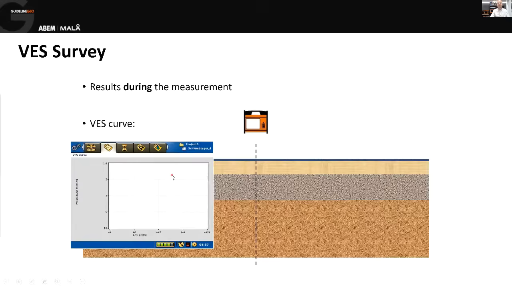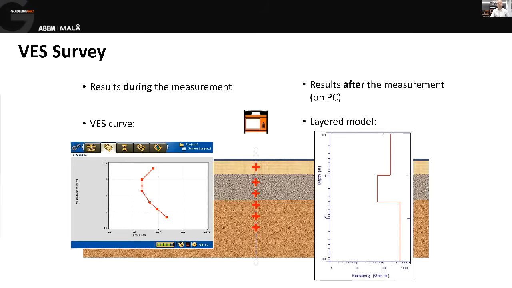What I see on the instrument for that is what we call a sounding curve. So you have apparent resistivity from left to right, and we have depth increasing down the left-hand side. So that's our raw data. We then take that raw data, that sounding curve, off the instrument, put it into inversion software, and we let the inversion software process the data and return to us, hopefully, an accurate model of the subsurface that shows us layer thicknesses and resistivity.